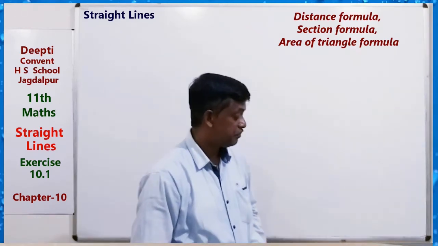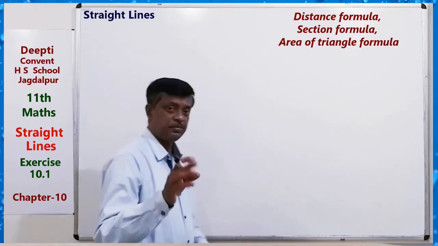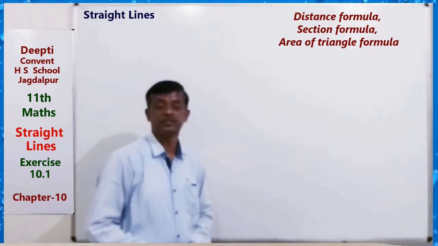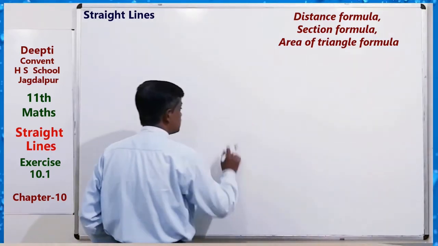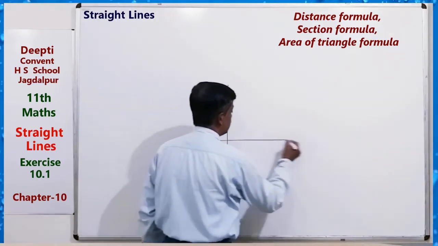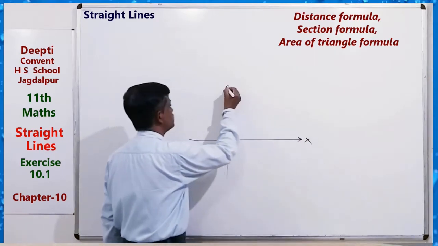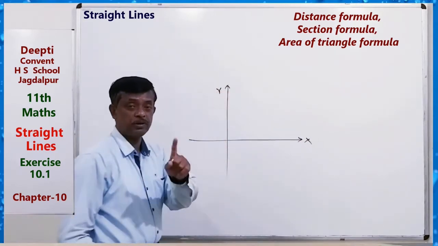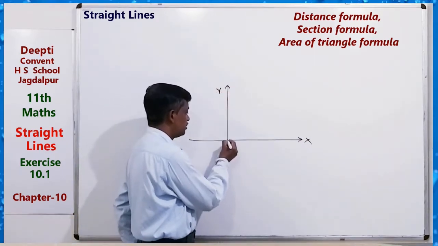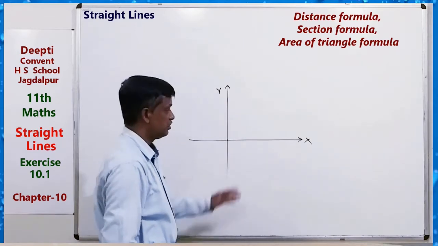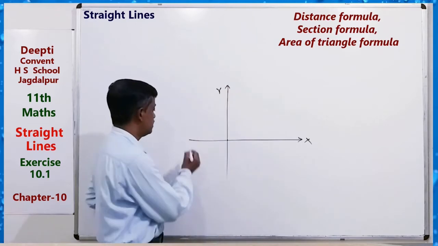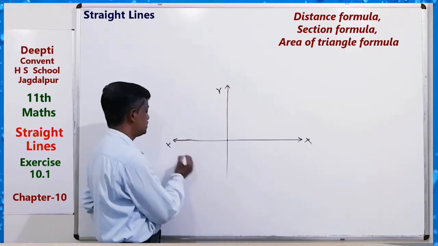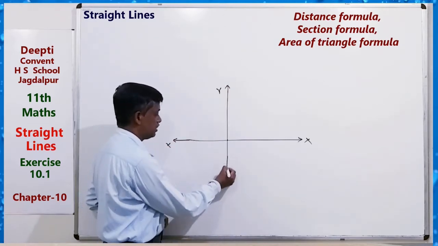First of all, just remember the previous formulas about coordinate geometry. Suppose this is the x axis, this is the y axis. There are two perpendicular lines. This is the positive side of the x axis, the positive side of the y axis, the negative side of the x axis, and the negative side of the y axis.